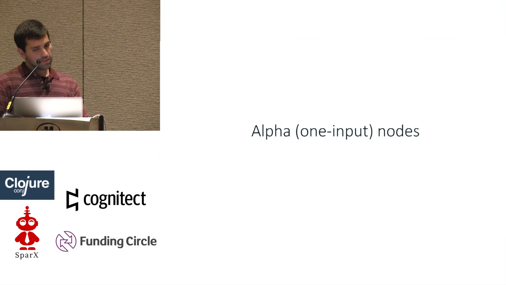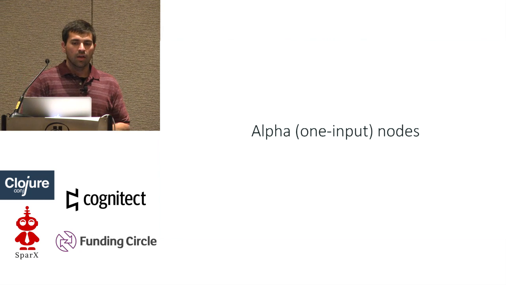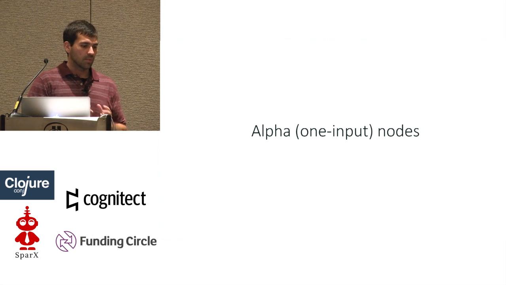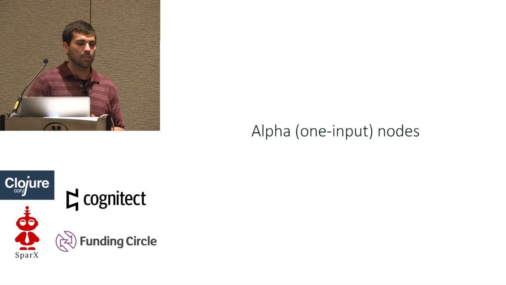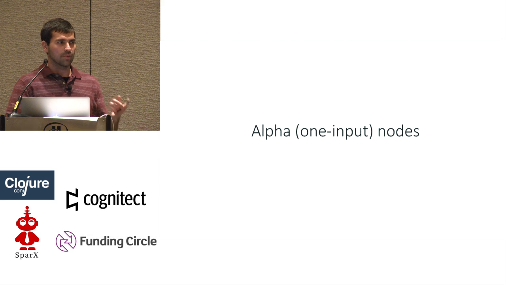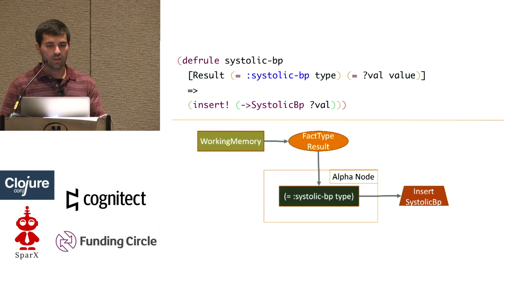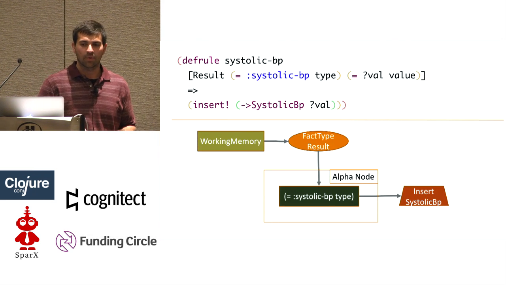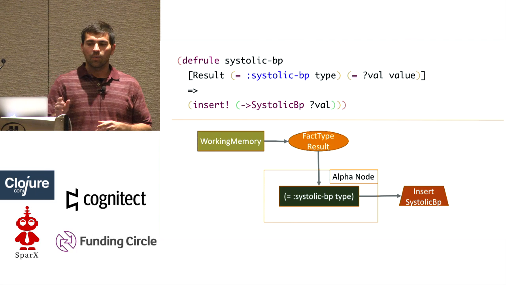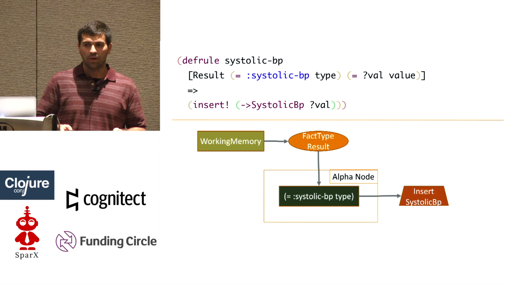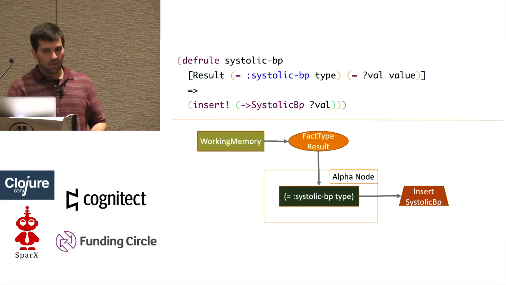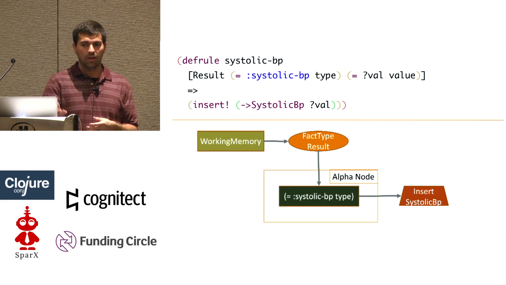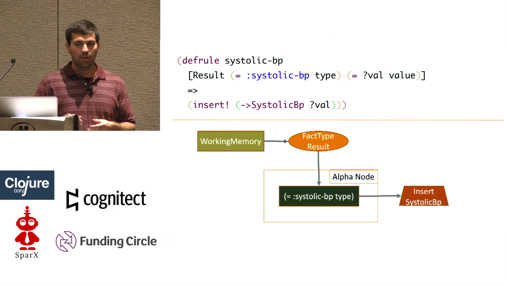So I want to look more directly at the alpha nodes. They're often called one-input nodes, and the reason is, like I said, they're only concerned with a property of one fact at a time, so that's their one input. Taking one of the rules we had from the example hypertension problem, this might be a little mini Rete network that comes out of it. You see that we have working memory propagating facts to the fact type result, which is the only type we care about in this network.